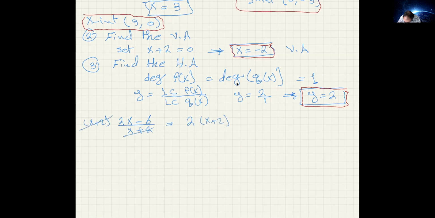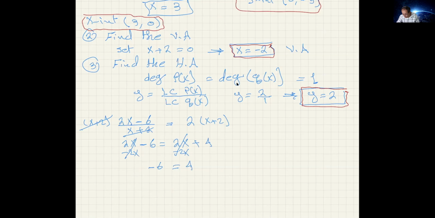Simplify. So I have 2x minus 6 equals 2x plus 4. Subtract 2x, so I get -6 equals 4. This is not a true statement.